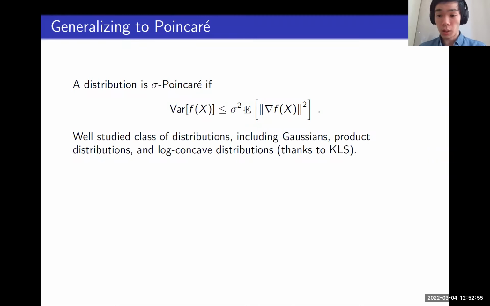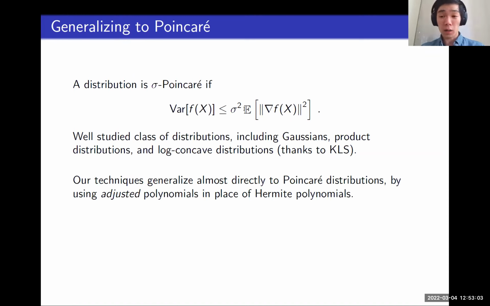The class of Poincare distributions generalizes Gaussians and includes a lot of other very natural distributions. Our techniques actually apply almost directly to translates of a Poincare distribution, where instead of Hermite, you use a different adjustment depending on the distribution. As long as you plug in the analog of Hermite everywhere else, you'll get essentially the same results.